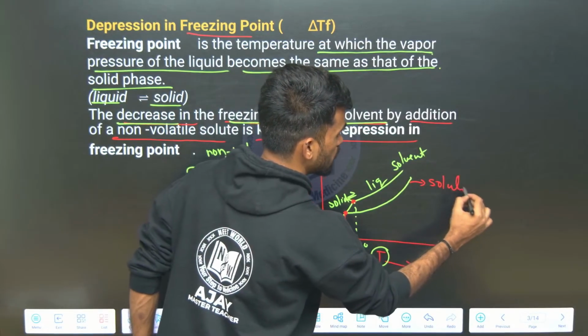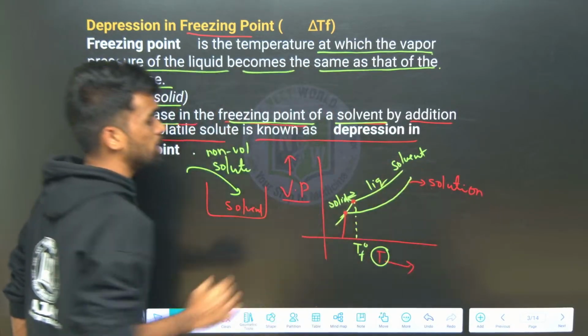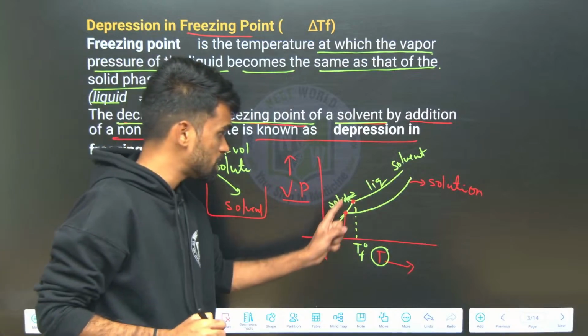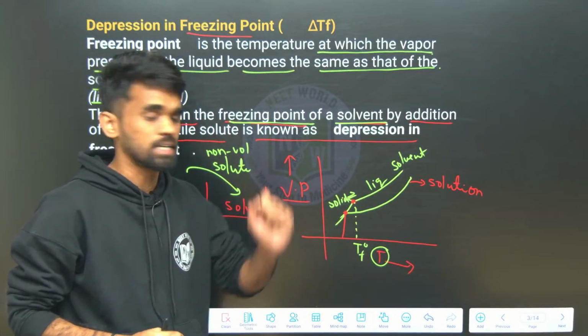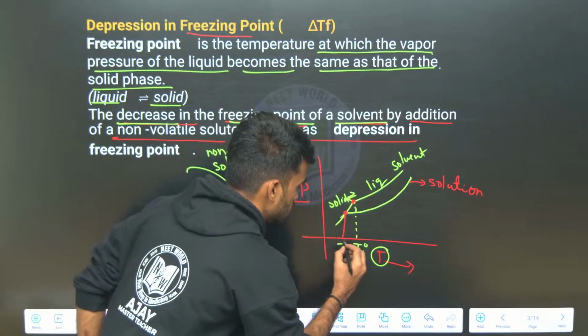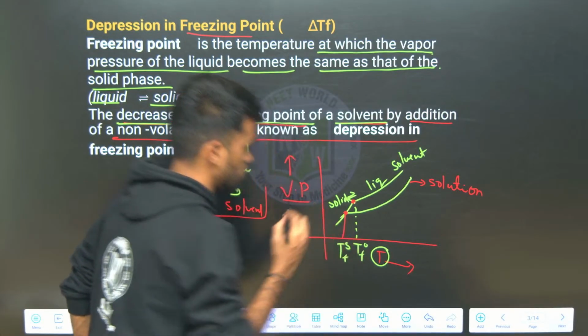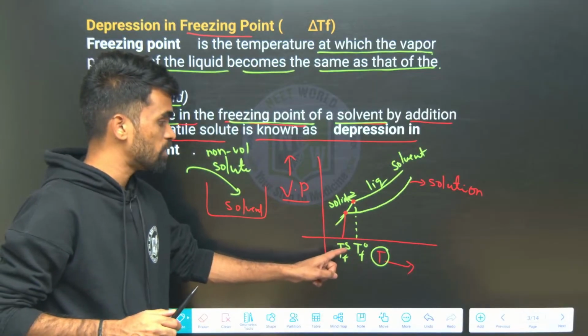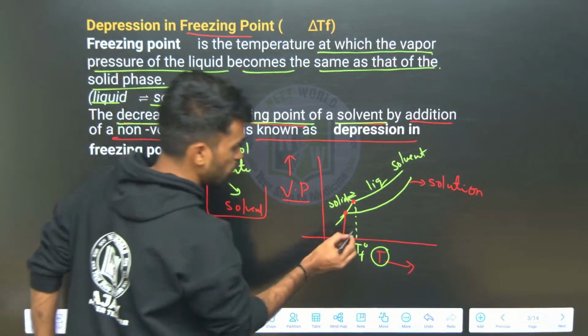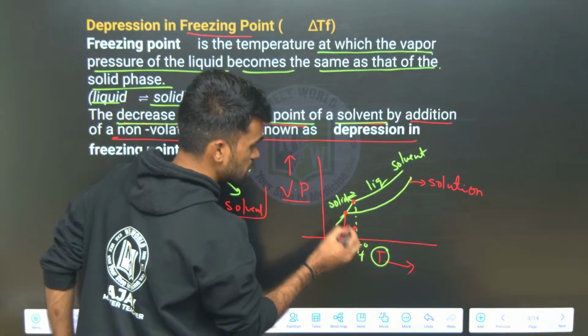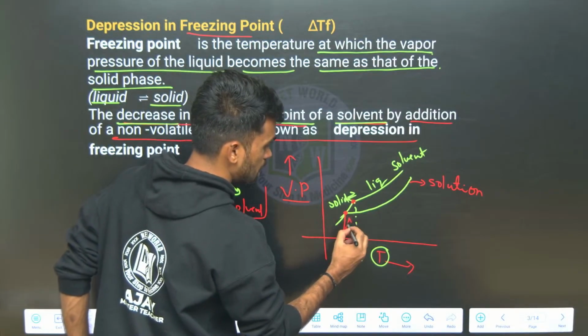So what we can understand from this is that the solvent freezing point is further suppressed or decreased. This is the temperature, I can say TF of solution, it means freezing point of solution. Now see, there is a difference. This difference I am representing as delta TF.